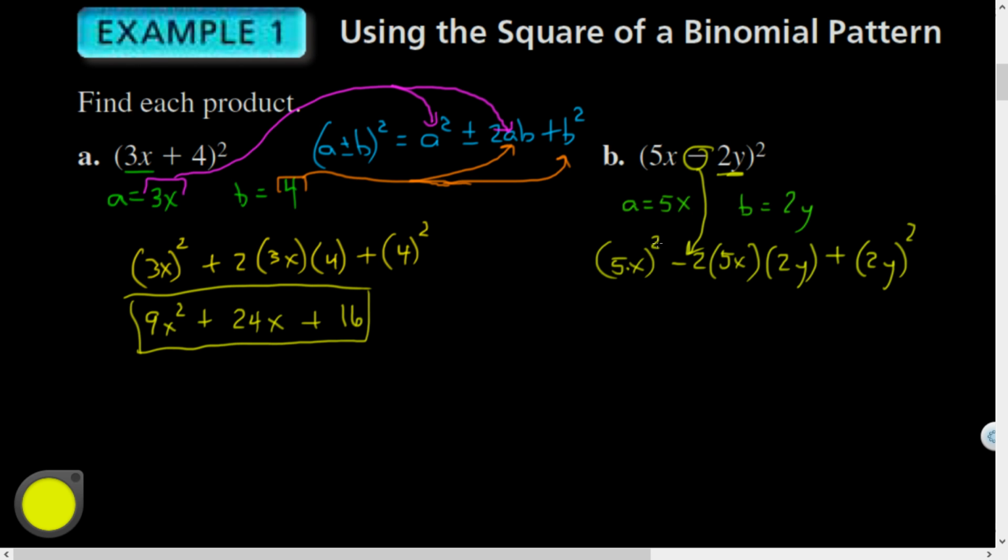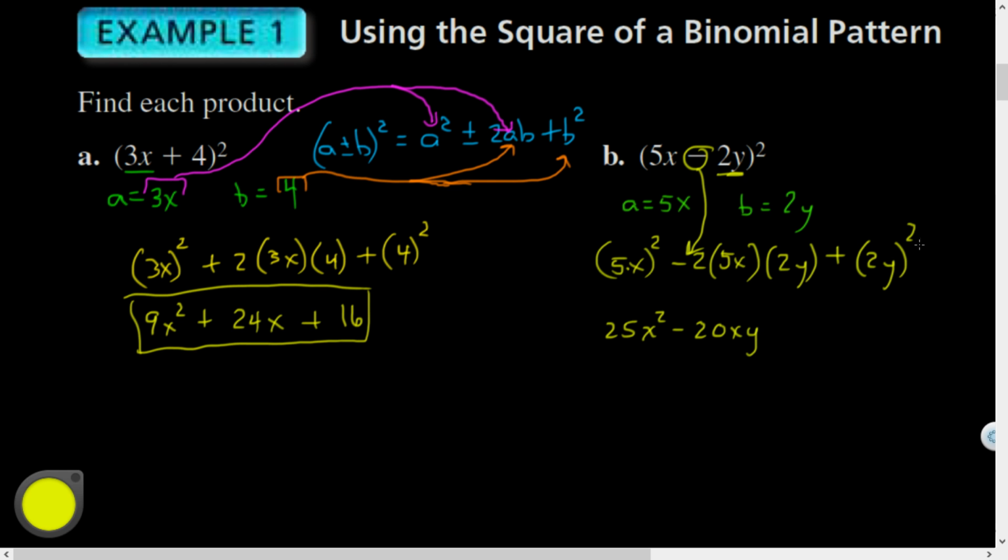So let's simplify this. 5 squared is 25, x squared is x squared, minus 2 times 5 is 10, and multiply that 10 by this 2, and I get 20. And then I've got x times y, which is just xy. I can't write that as x squared or y squared. x times y, those aren't the same thing, so they're just xy.